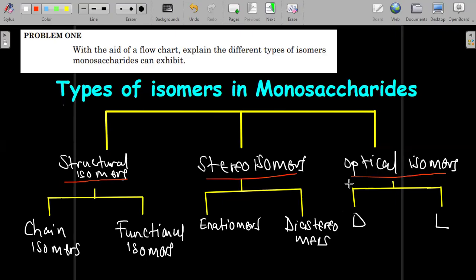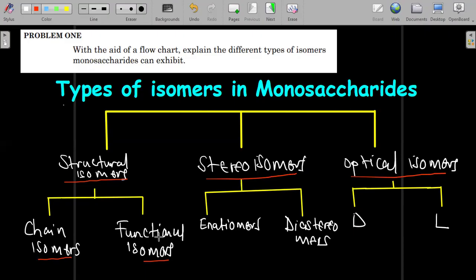Okay, so now what are the structural isomers? These are just isomers that have the same molecular formula but different structural arrangement. So they are subdivided into what we call chain isomers and functional isomers. The chain isomers are isomers that differ in the arrangement of the carbon chain.